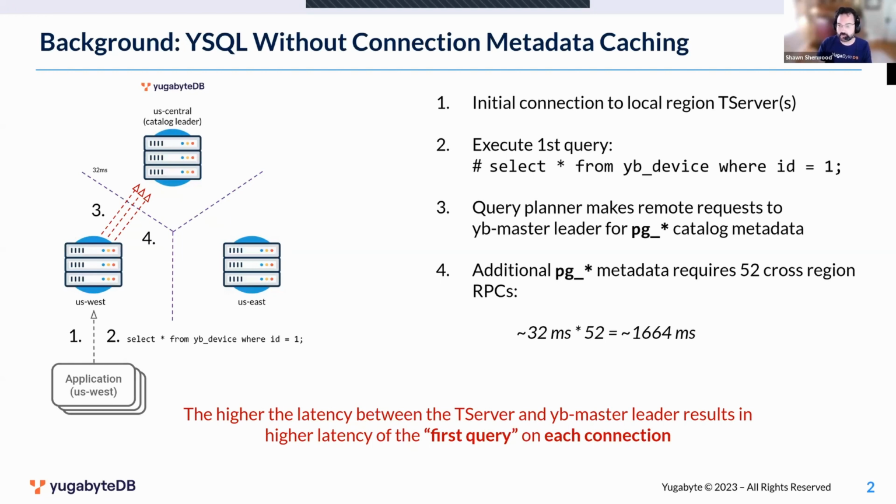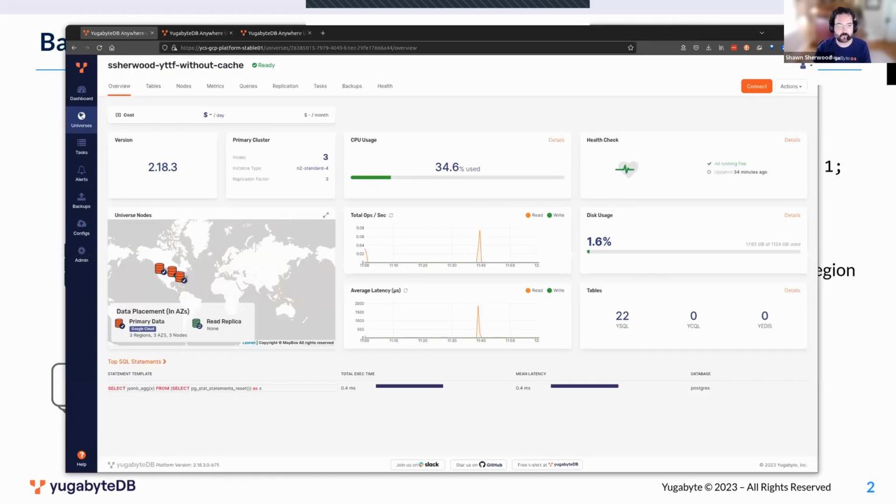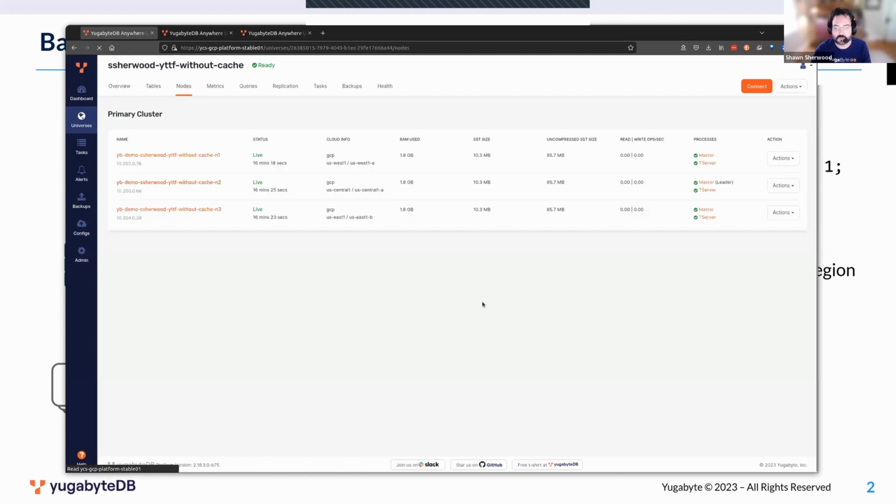This becomes more problematic when you have higher cross-region latencies. I have an environment already stood up here, one without this cache turned on. It's a 2.18 environment with no flags enabled, so this is just vanilla behavior. I have my 3 nodes, my preferred leader is in the central region, but I'm going to connect to this west node.